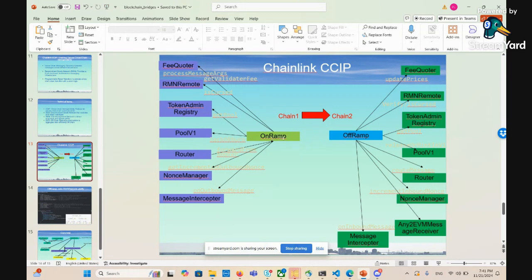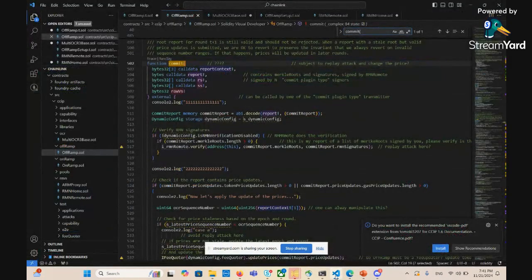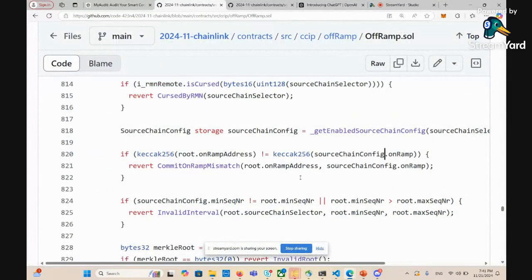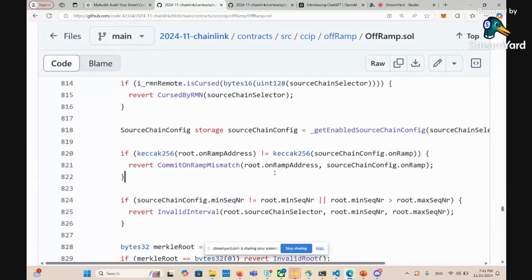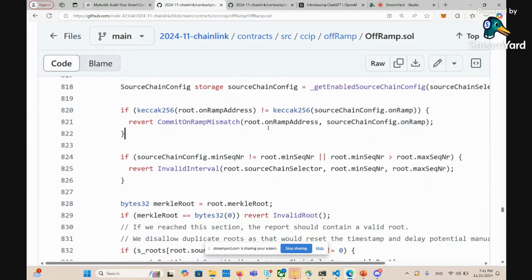So we're going to make sure the edges on chain one match the configuration. So we know in this case which off ramp sent this message, because all the messages are sent by the off ramp. So we match the on ramp, I'm sorry, the on ramp.